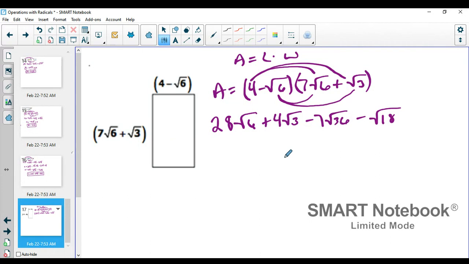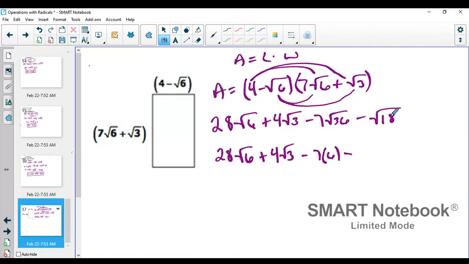So we're going to simplify anything that we can. So 28 square root of 6, none of that simplifies any further, so it's going to stay 28 square root of 6. And then 4 square root of 3 also doesn't simplify any further. This is going to stay 4 square root of 3. This does simplify further because the square root of 36 is 6, so we can make this minus 7 times 6.